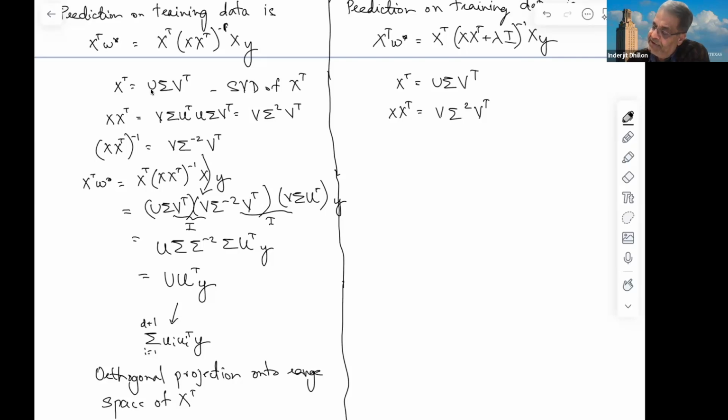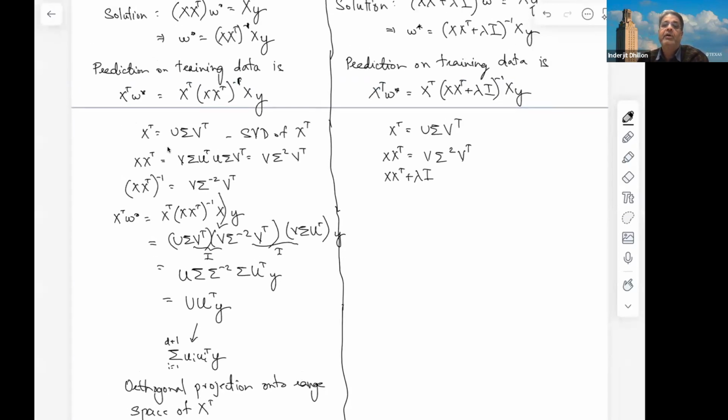Earlier I had XX transpose inverse, but now I have XX transpose plus lambda I inverse.